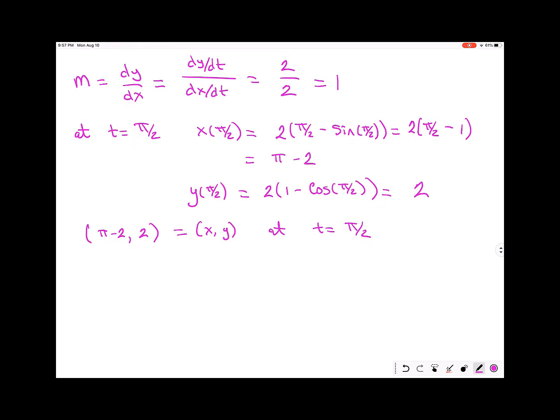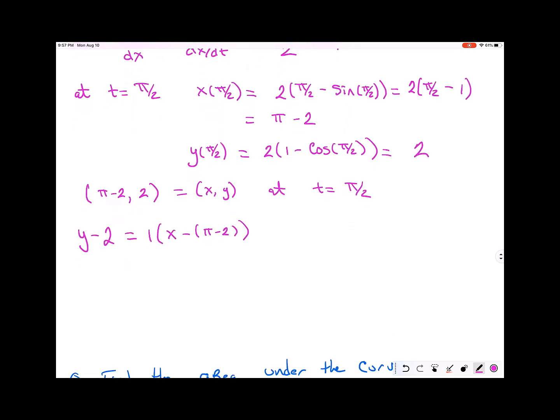And so to calculate what our Cartesian tangent line would be, well, I have y minus the y part, so 2 is equal to m, and our slope m is 1, so 1 times x minus the x part. So that would be our Cartesian equation.